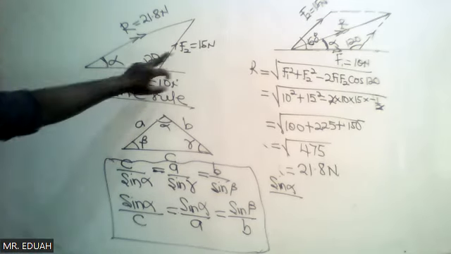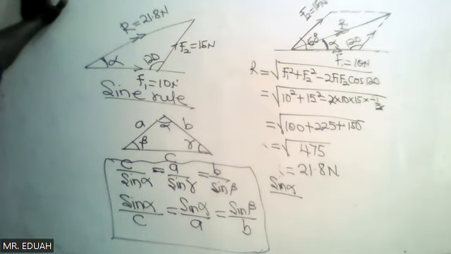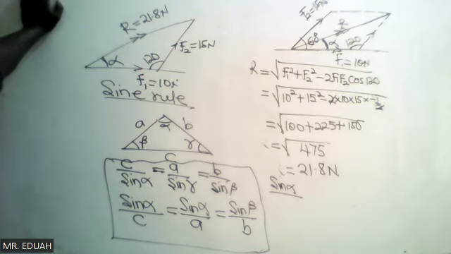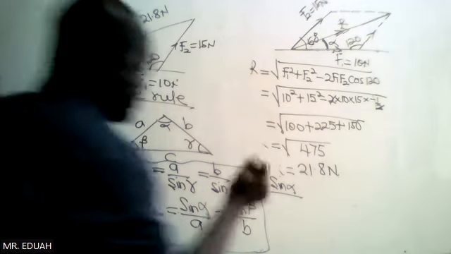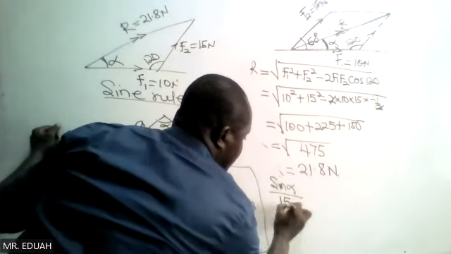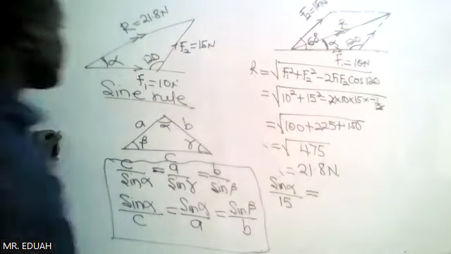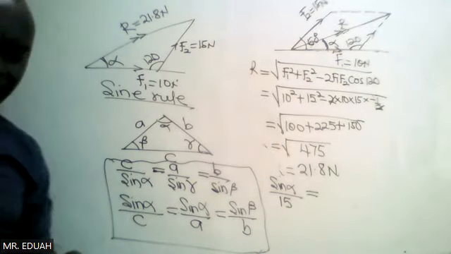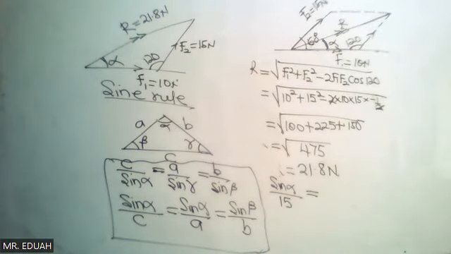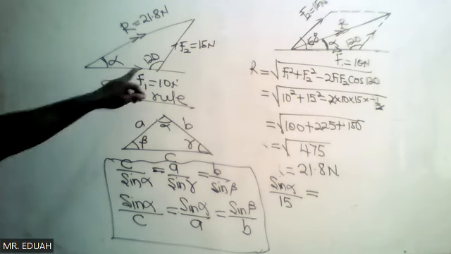So sine alpha over what? Over the force opposite to it. What's the force? 15. So 15 is equal to... Do we have any other internal angle available? Yes, the 120.